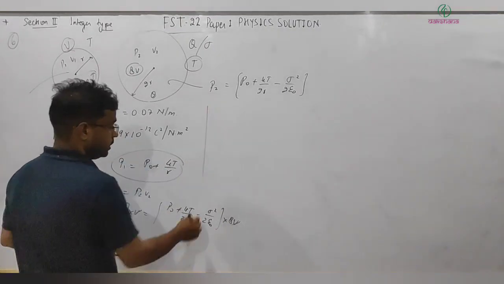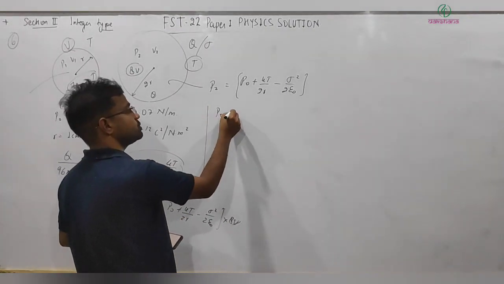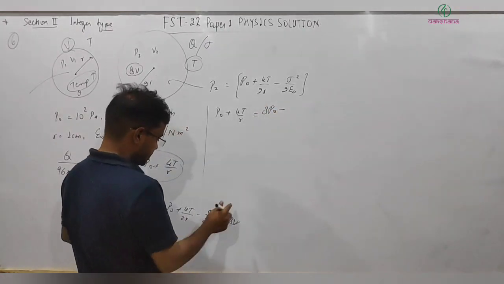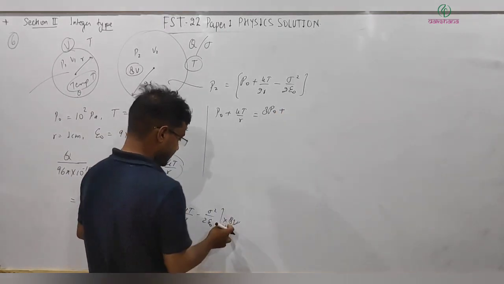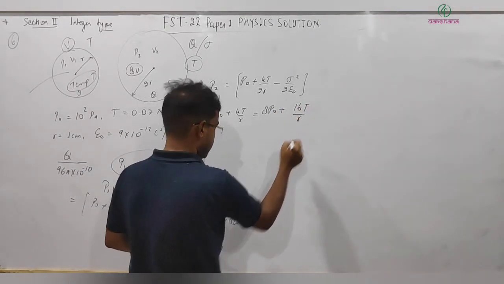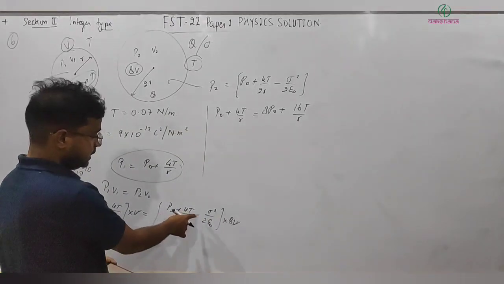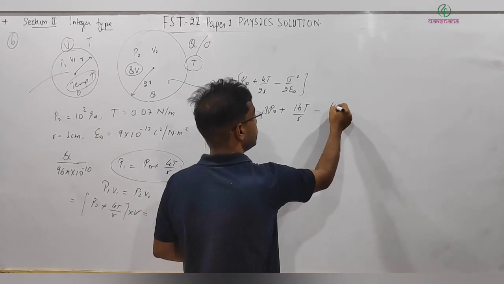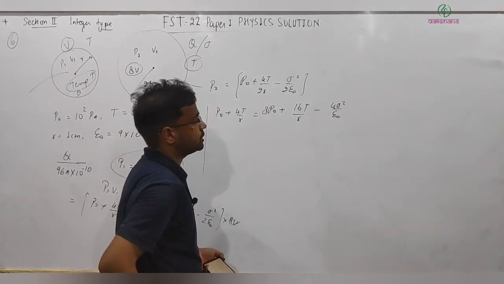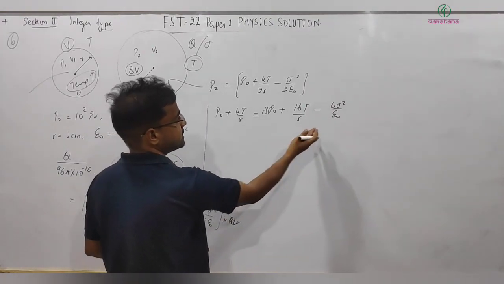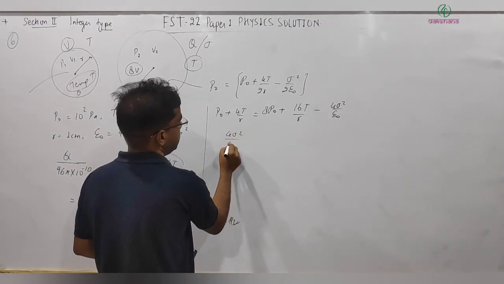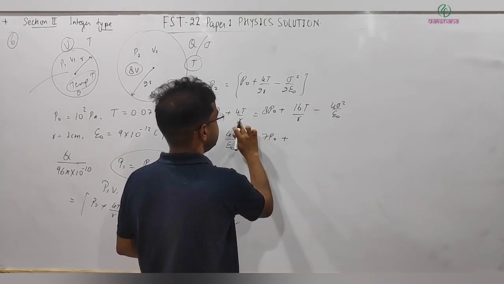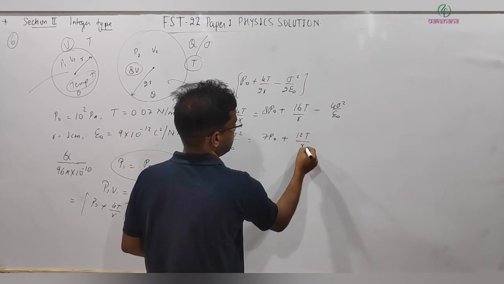Multiplying it, we get P naught plus 4T by R equal to 8P naught plus 16T by R minus 4 sigma square by epsilon naught. We need sigma, because the remaining things are given. So bringing it to this side, 4 sigma square by epsilon naught equals 7P naught plus 16T by R minus 4T by R, so basically 12T by R.